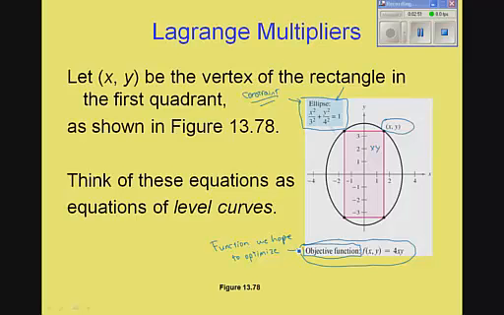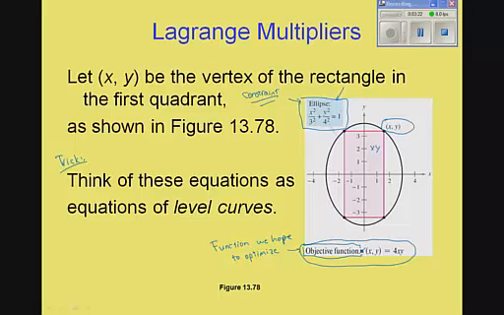Now, the trick that we're doing, I should have written that here maybe, trick: think of these equations as equations of level curves, right? How many dimensions am I in this problem? 2, right? In both cases, a two-dimensional problem, although I guess the objective function is really a function of 2 variables, so the graph is in 3 variables.